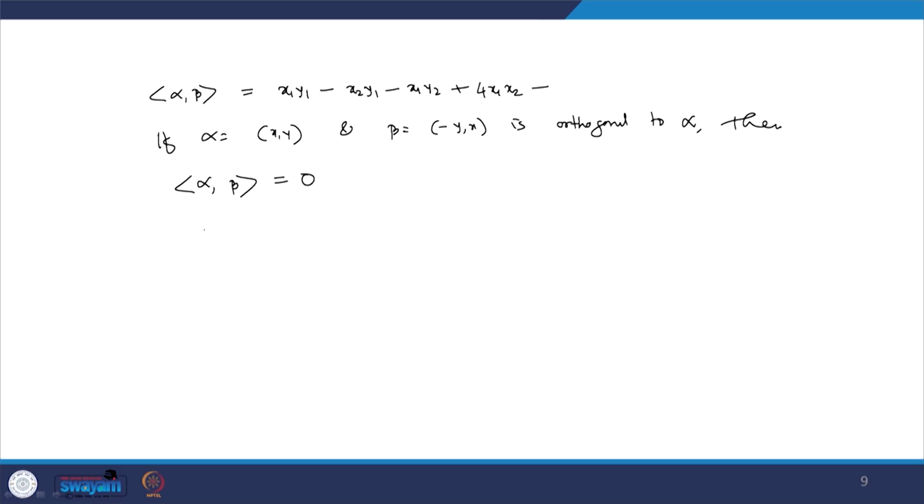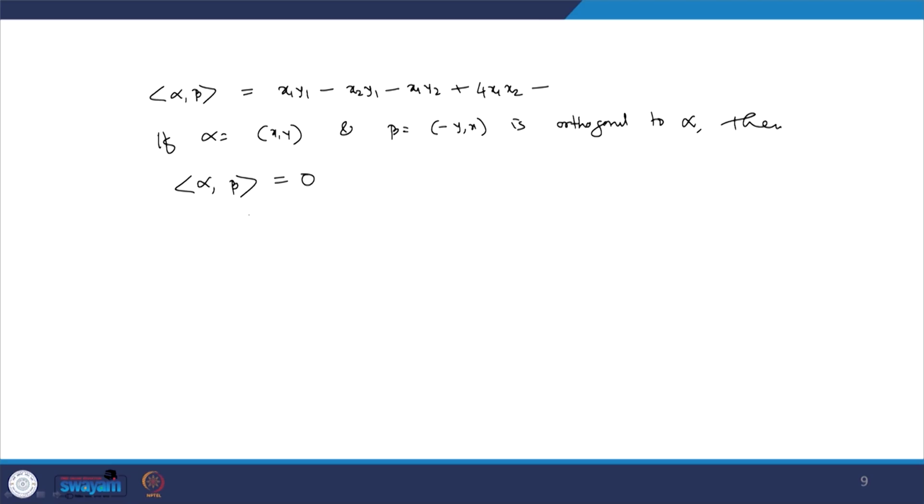But in this case, in the previous one, the standard inner product, for alpha equal to x comma y, beta equal to minus y comma x is orthogonal. Now here, beta equal to minus y comma x will be orthogonal provided, let me see what the conditions are.